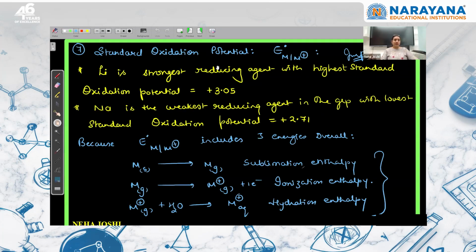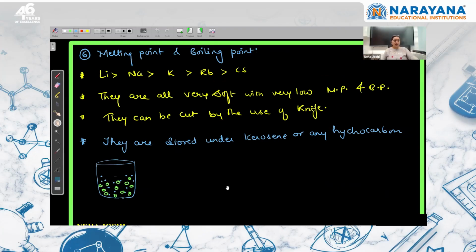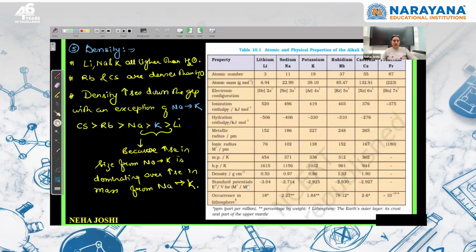Now, this is important. I'm talking about standard oxidation potential from M to M plus. Please observe this. Here they are giving reduction potentials, but I'm stating oxidation, so I'll just reverse their signs.